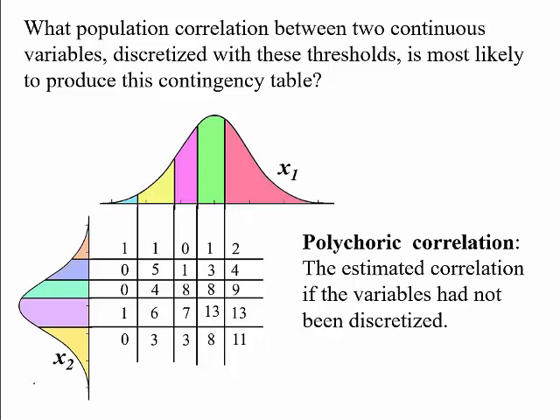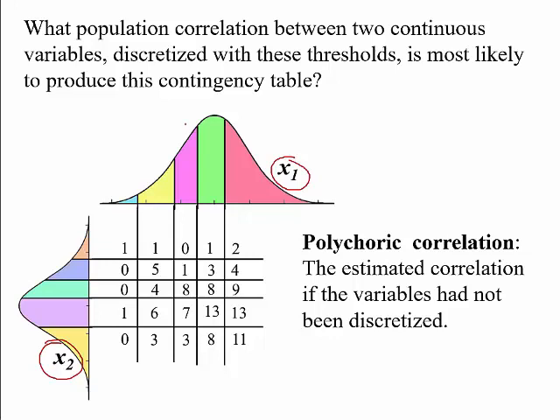We want to get the estimated correlation between x1 and x2, assuming that x1 and x2 actually measure continuous constructs that we've discretized.